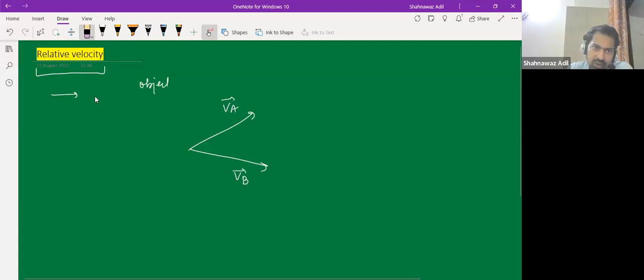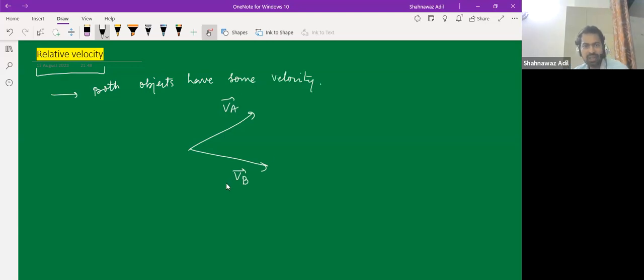So both objects have some velocity, and let's say that these are the two velocities, VA and VB.